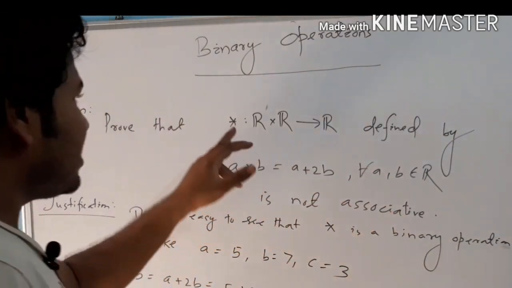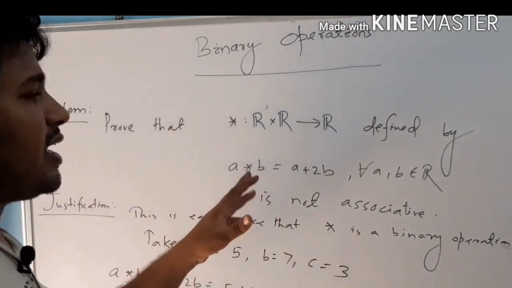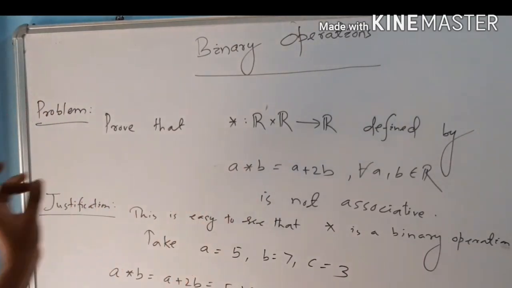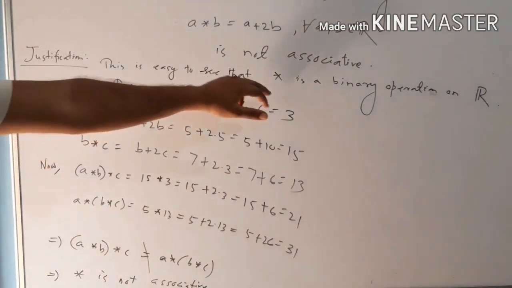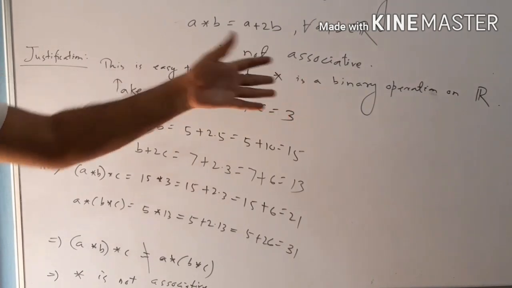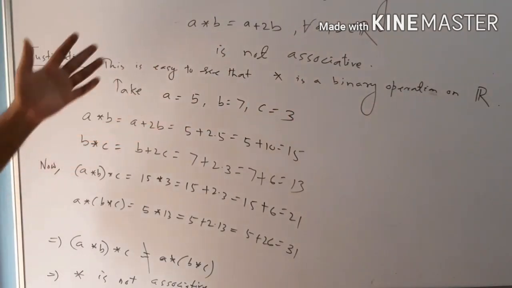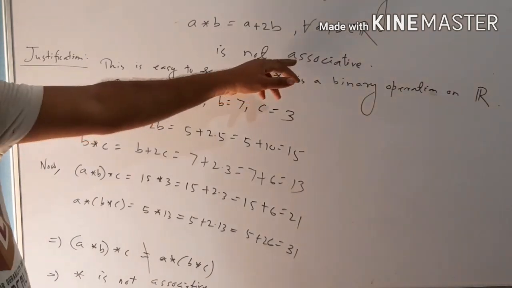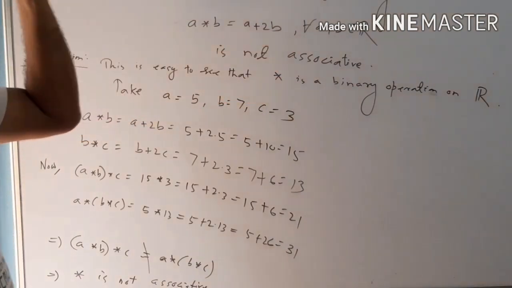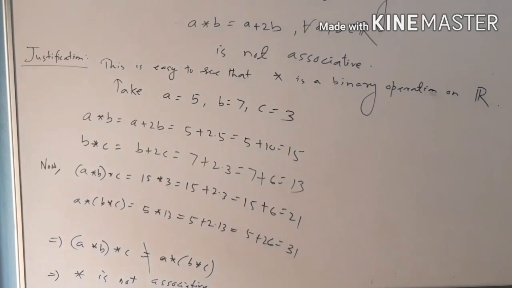That means this star is not an associative binary operation. First I have to show it is a binary operation, and this is very easy to see that star is a binary operation on R. Please verify this one. So I would like to prove this is not associative. That means it doesn't satisfy the law of associativity.